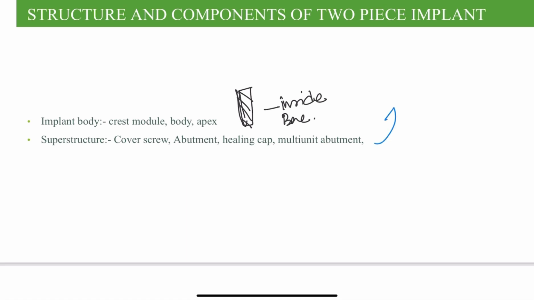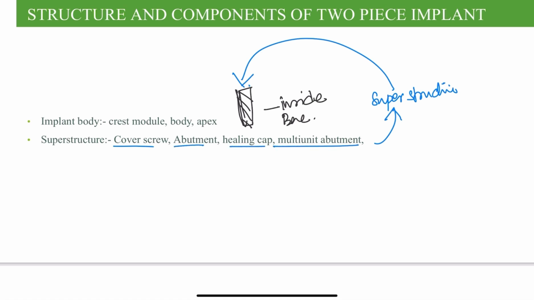The next one is the superstructure. This superstructure gets attached to the implant body. There are various superstructures such as cover screw, abutment, healing cap, multi-unit abutment. In the surgical part, we will discuss where all these particular superstructures are used.